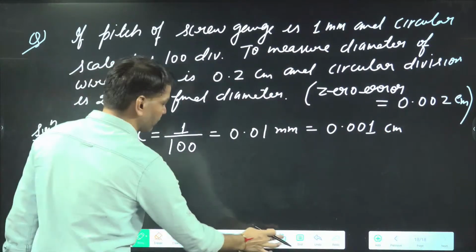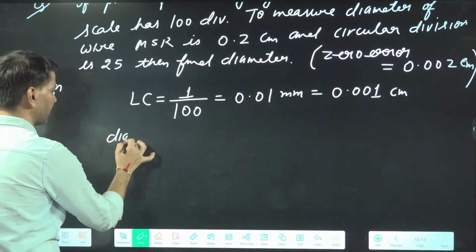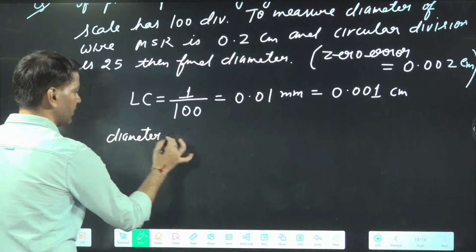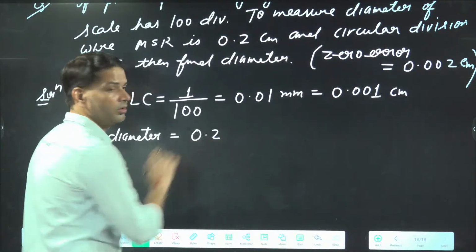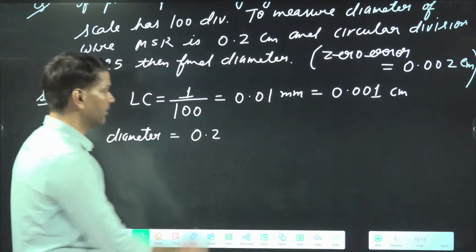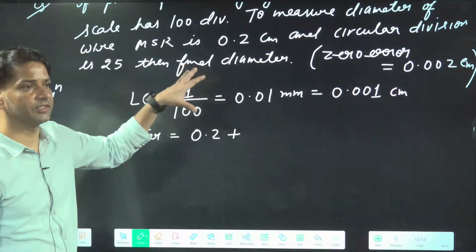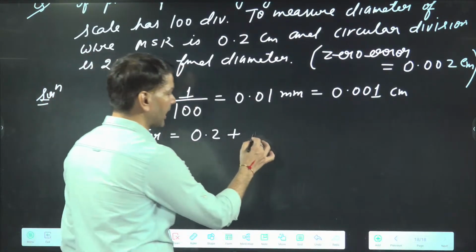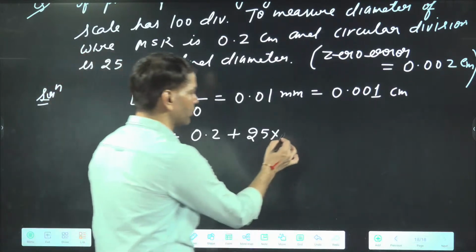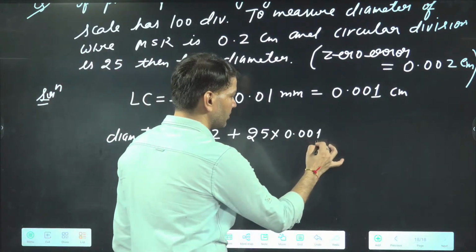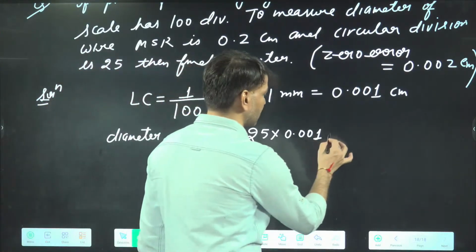Now for the reading, what will we take? Reading means we are measuring the diameter. So diameter is MSR plus CSR minus zero error. MSR they have given 0.2. Then CSR is N into least count. N is the circular scale division they have given, 25, into least count 0.001. Okay, minus zero error.